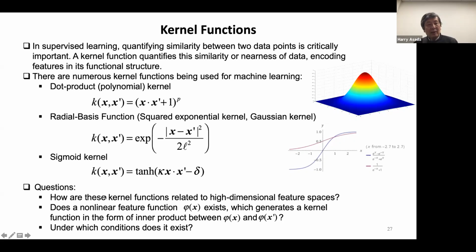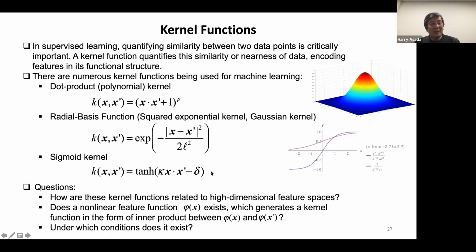But how are these kernel functions related to the high-dimensional feature space? Basically, by expanding this, we successfully found phi x and phi x prime, right? And then the inner product between the two is basically the same as this. Do we see a similar phi x prime for the radial basis functions? How about this?